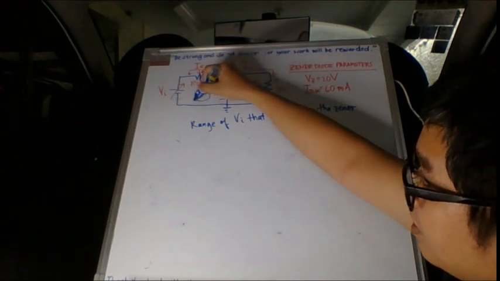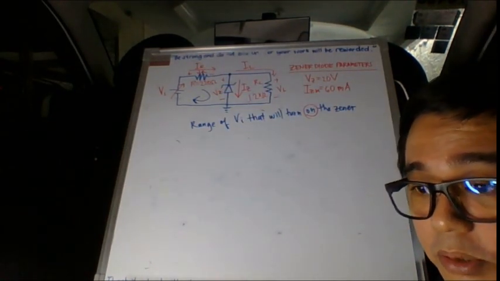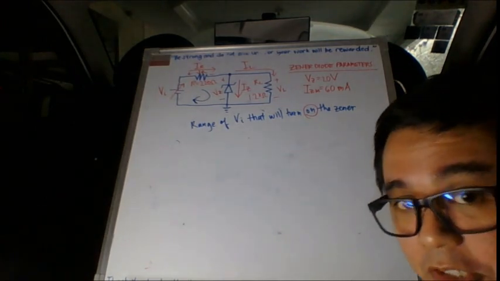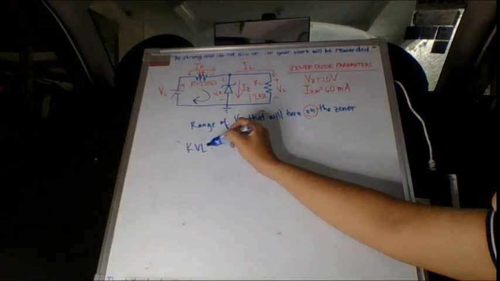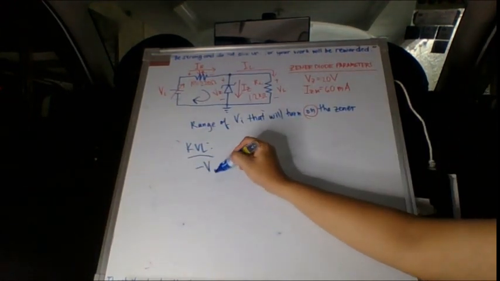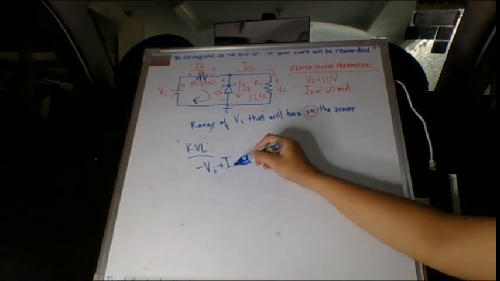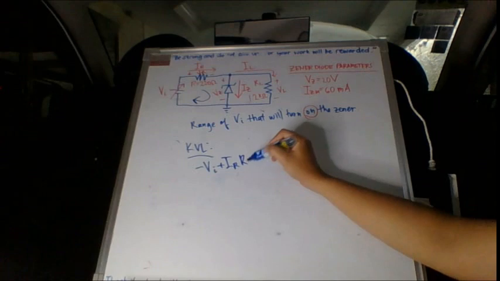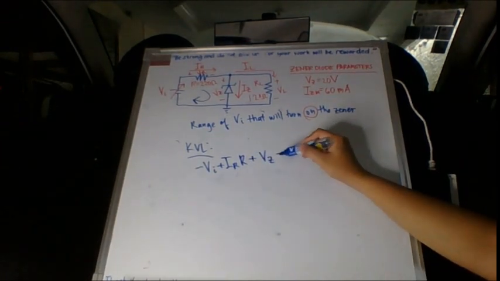Gamitin natin yung clockwise, although you can get the same result using a counterclockwise direction. KVL: minus V sub I plus IR times R plus V sub Z equals 0.